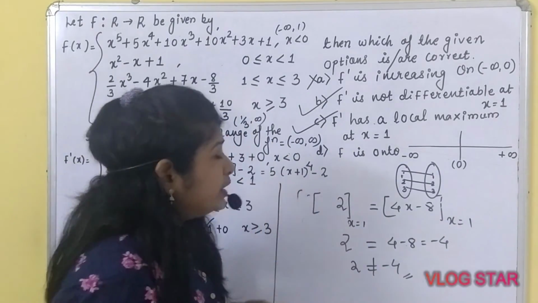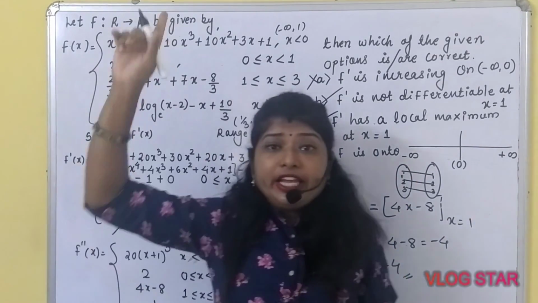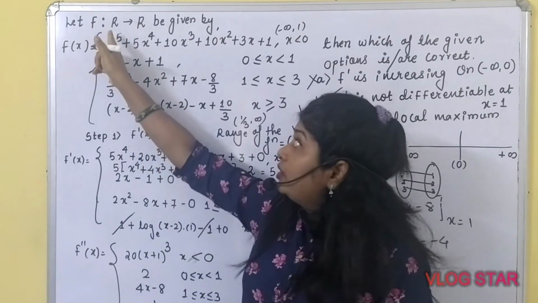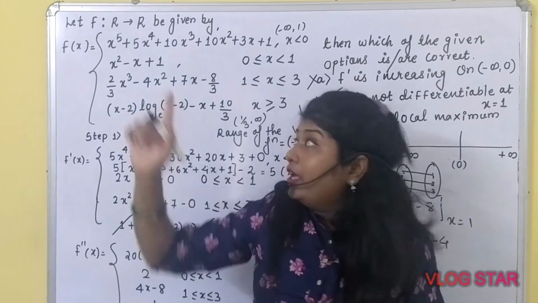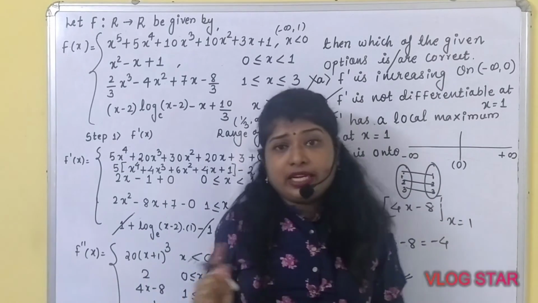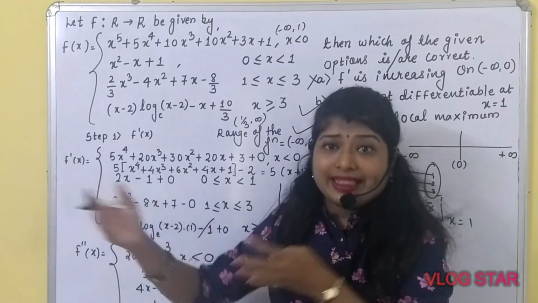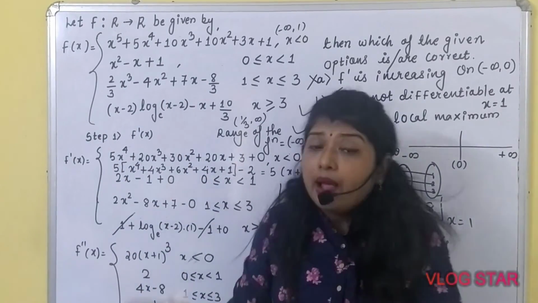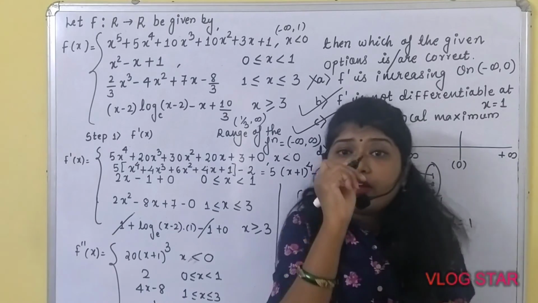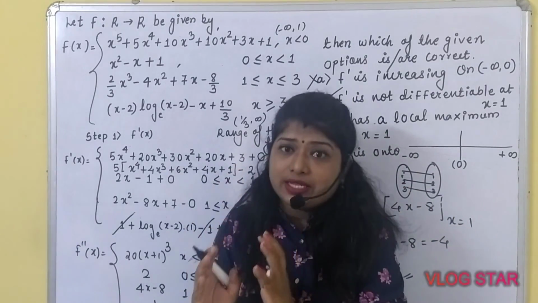For that purpose you have to find out the range. The given question has the domain as the real numbers, and the codomain is also the real numbers. If instead of R they had given N to N, that is natural numbers, it would be different. But here the domain is real and the codomain is also real.